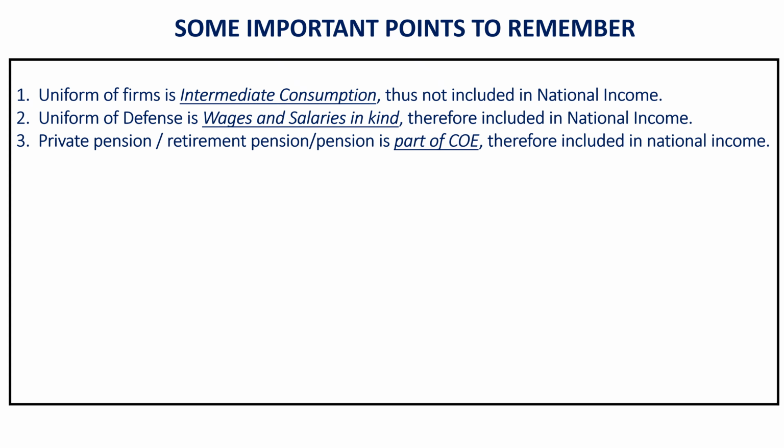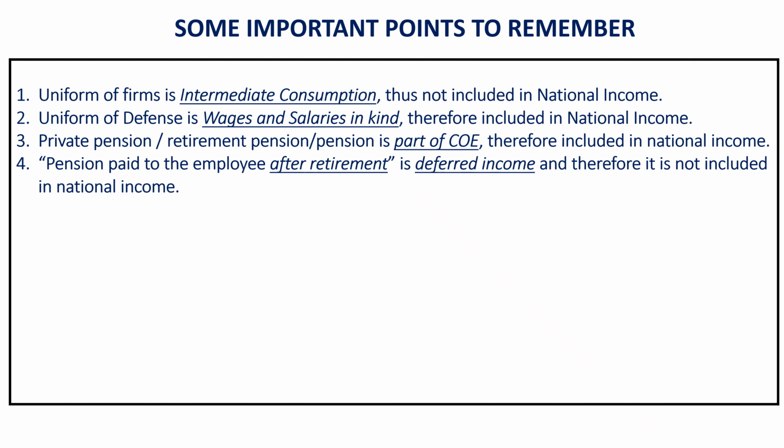Private pension or retirement pension or simply pension is part of compensation of employees and therefore is included in national income. But pension paid to the employees after retirement is treated as deferred income and therefore it is not included in national income.